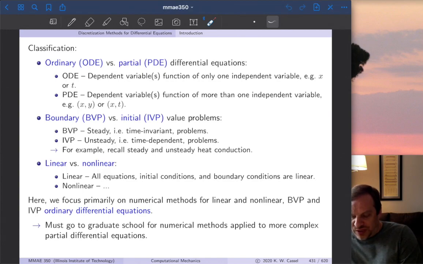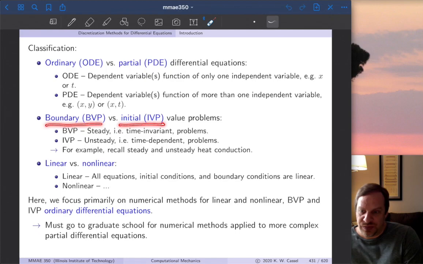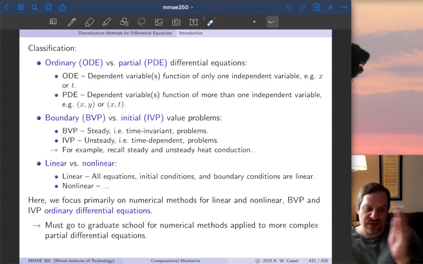A more important classification is whether it's a boundary value problem or an initial value problem. So we call them BVPs and IVPs. Boundary value problems mathematically have a fixed domain, usually in space, like in x. And you have boundary conditions, so you know the behavior at the 2 boundaries of the domain, therefore boundary value problems. And then you solve for the solution in the interior.